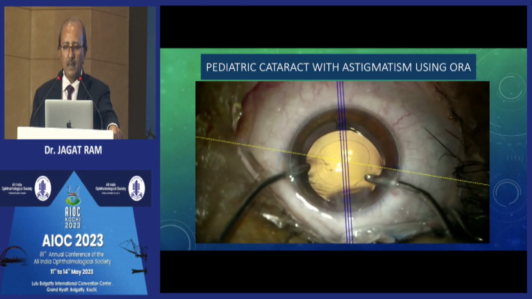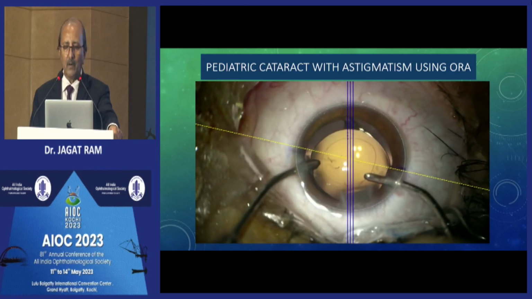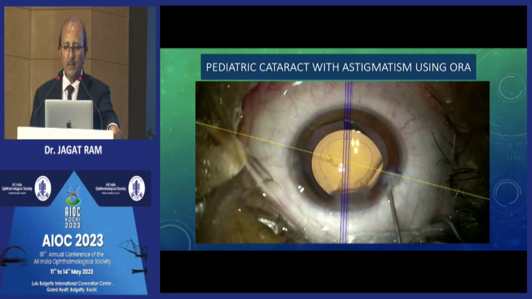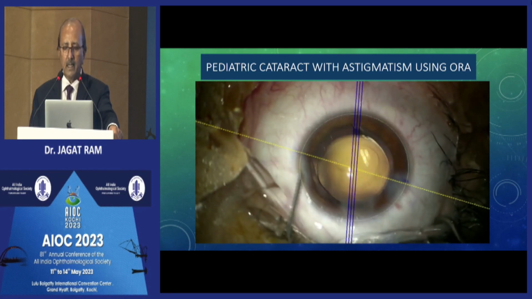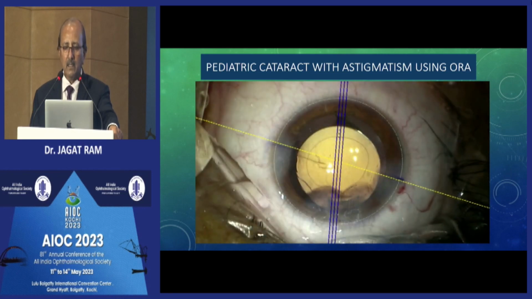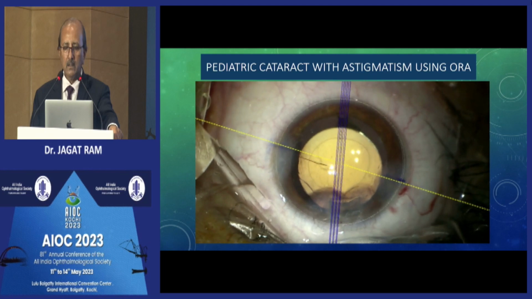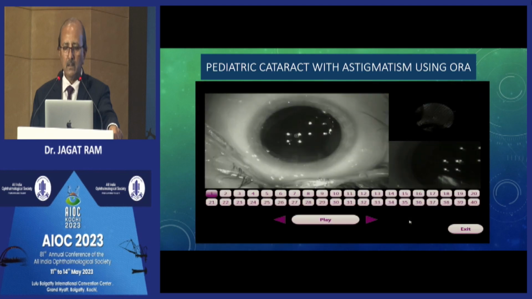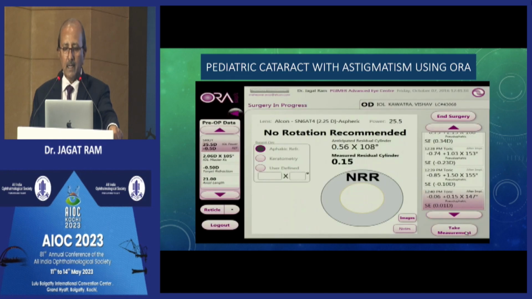As Callisto is also found to be accurate, and then we see whether any rotation of the IOL is required or not. It says NRR, meaning no further rotation required.